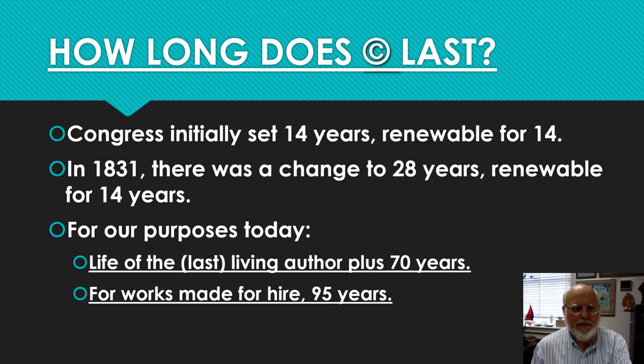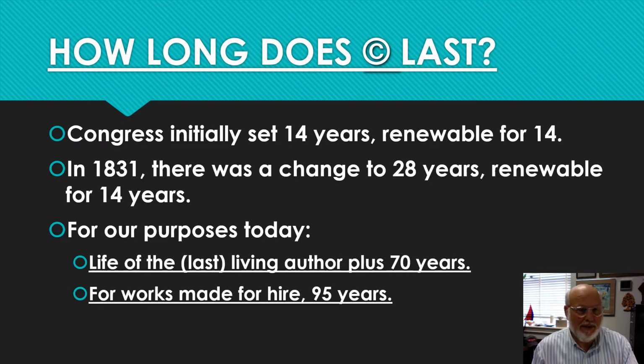But the current rule is that once a copyright is created, the copyright lasts for the life of the last living author, in case there's more than one author. But if there's one author, the copyright expires 70 years after the copyright owner dies. So it can last a really long time.